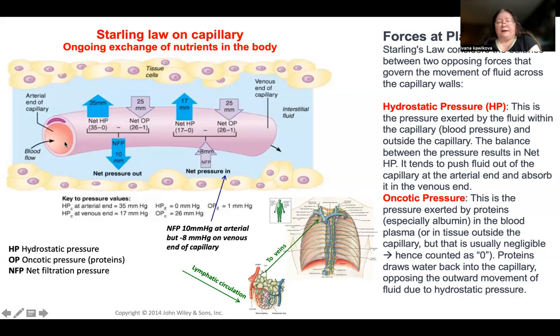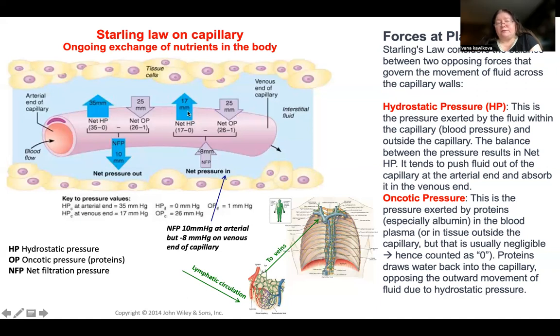So at the arterial end of the capillary, the fluid is going out because the pressure is having the direction that goes outwardly. As the fluid is being filtered out of the arterial end of capillary, this hydrostatic pressure of the blood on the wall of capillary is decreasing.